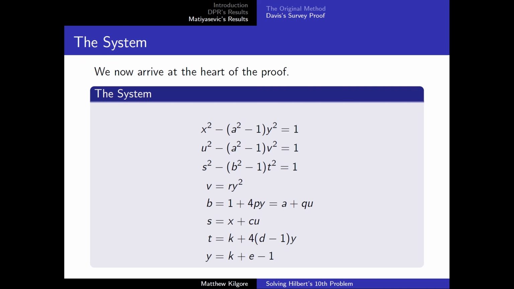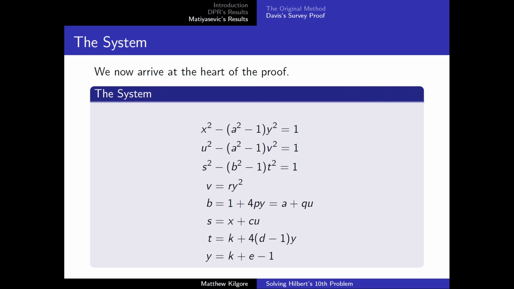It involves this Diophantine system of 8 equations: x squared minus (a squared minus 1) y squared equals 1, u squared minus (a squared minus 1) v squared equals 1, s squared minus (b squared minus 1) t squared equals 1, v equals y squared, b equals 1 plus 4py equals a plus qu, s equals x plus cu, t equals k plus 4(d minus 1)y, and y equals k plus e minus 1. Seems fairly random, right? Well, not quite.